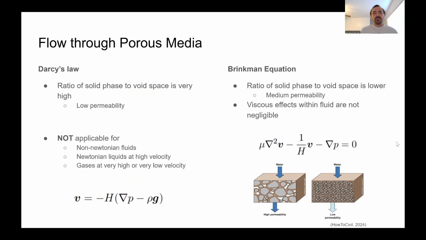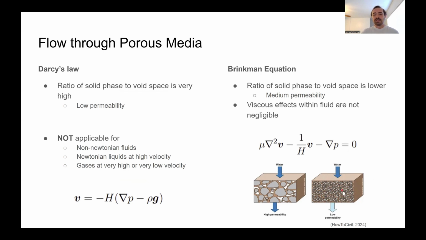And when we're characterizing how fluid might flow through the porous media, this can change depending on the permeability of the medium. And so starting with super low permeability, where it's shown here in this illustration in the bottom right, where the fraction of solid phase is extremely high compared to void space.